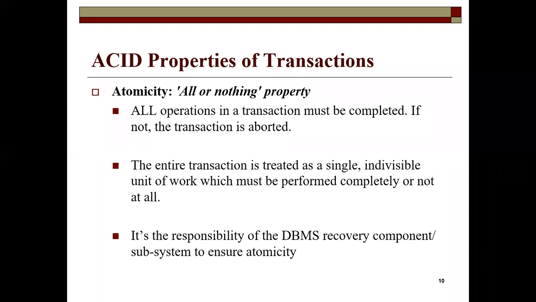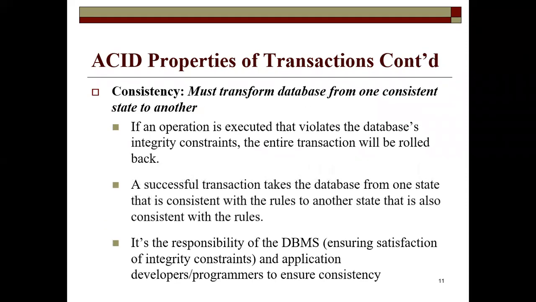The other property, the C represents consistency. And when we talk about consistency, we have said when transactions are performed, we must move from one consistent state into another. We mentioned that consistency is about ensuring that all the rules and regulations or integrity constraints are satisfied.